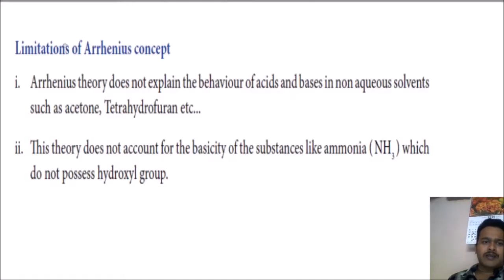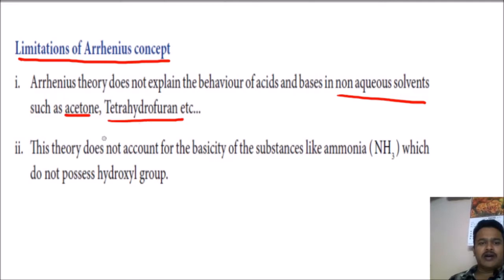Here there are some limitations for this Arrhenius concept. A limitation means it is unable to explain why some abnormal behavior is shown by acids. Arrhenius theory does not explain the behavior of acids and bases in non-aqueous solvents such as acetone and tetrahydrofuran.